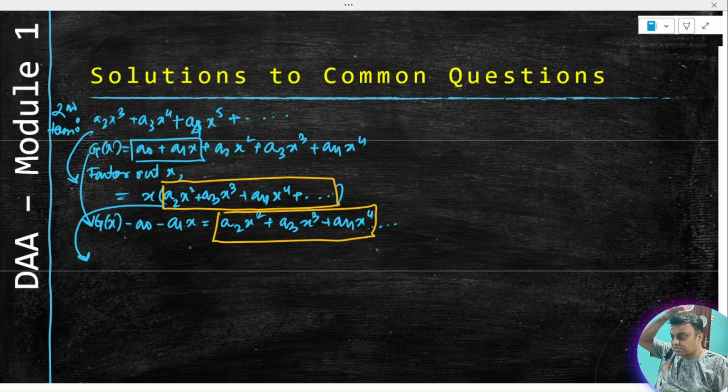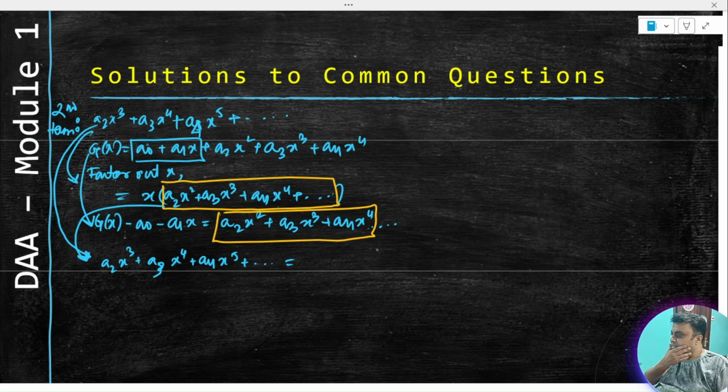So a2 x cube, can I therefore write this particular term? I'm just bringing in this term here. So I'm saying my a2 x cube plus a3 x^4 plus a4 x^5, whatever that is equal to what?